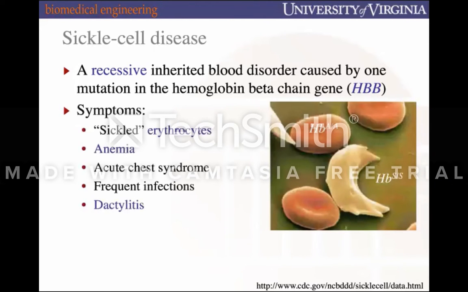So the symptoms for sickle cell disease. What ends up happening is the hemoglobin undergoes a conformational change where it looks almost like the sickle that you might have seen pictures of a Grim Reaper having.